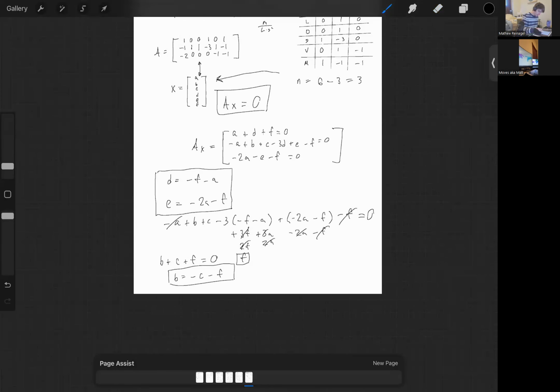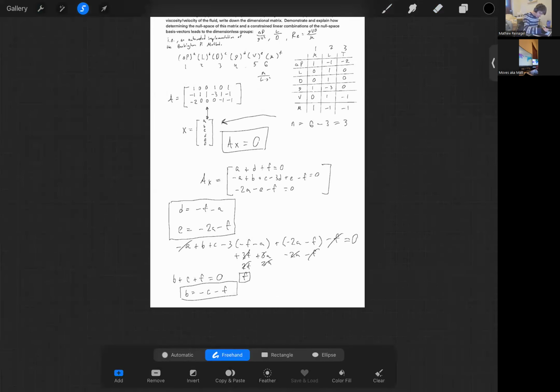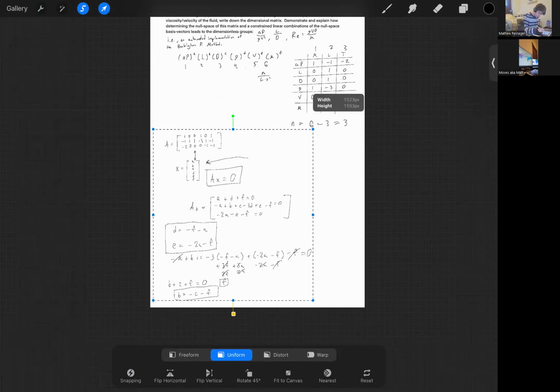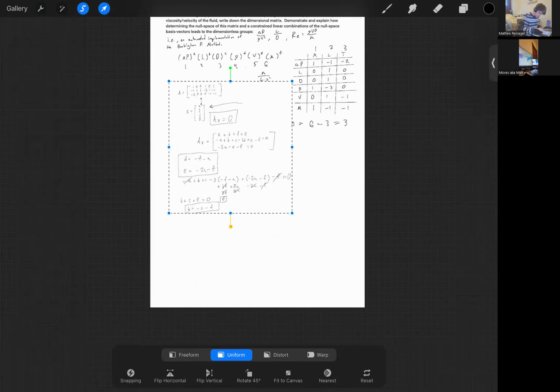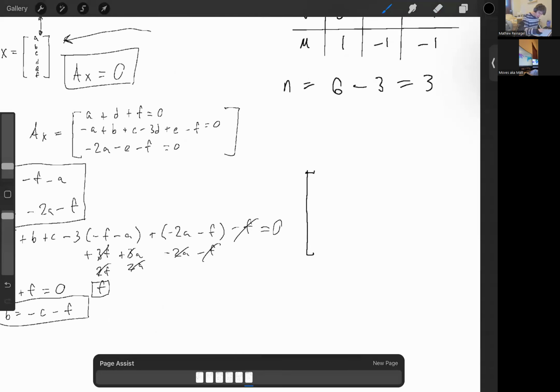So now what we can do is make a matrix. It's going to be the same one as x over here, but now we have the substituted value.